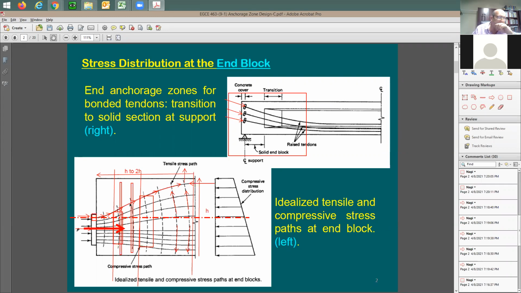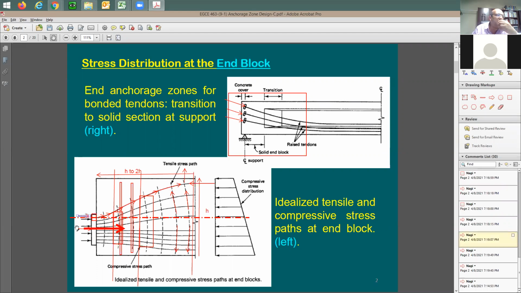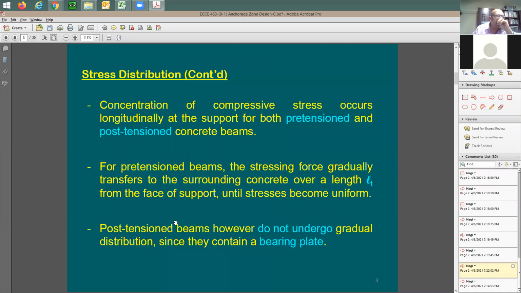But in post-tension, there is no bond, in many cases, between the strands and the concrete. And the force is going to be like a point load applied at the end of this end block, just outside of it. This is a big difference between post-tension and pre-tension when it comes to end block design. So for pre-tension, you're going to have the force transfer over L sub T. In post-tension, you don't have this gradual distribution.